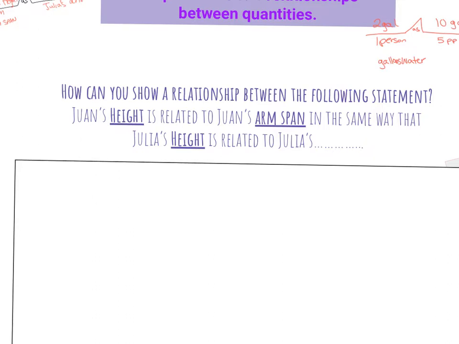Well, let me ask you before I do that. How do I show a relationship between 8 cats to 2 dogs? You write 8 to 2. You could either write 8 to 2, or 8 and then 2 dogs. 8 to 2 or 8 over 2.